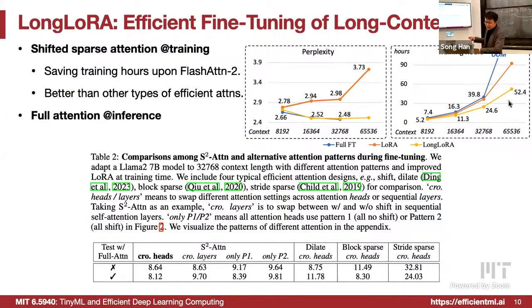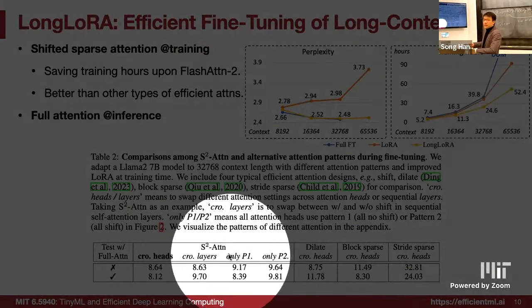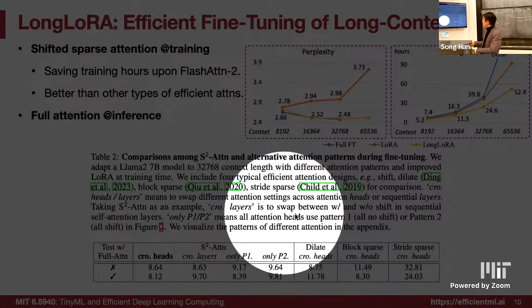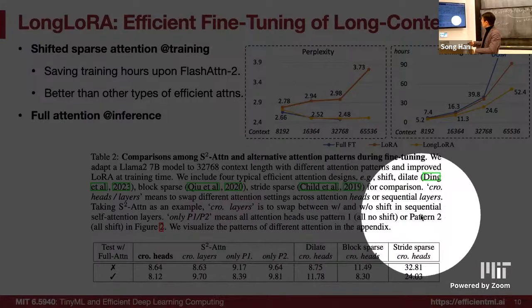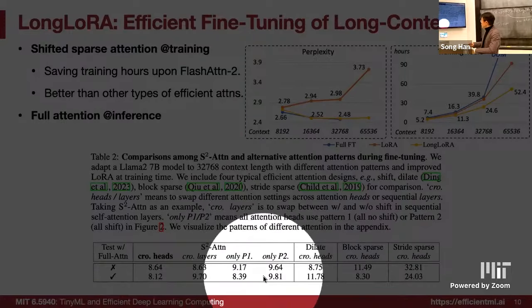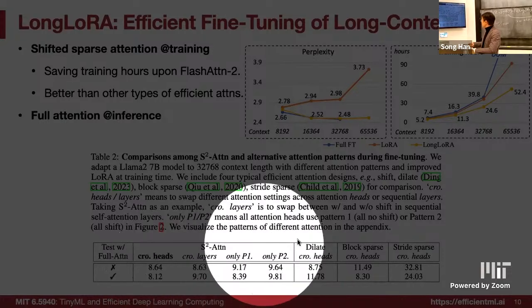Here we did some ablation study to see whether it's helpful to remain only half of the pattern 1. P2 here means attention heads using pattern 1, all no shift, and pattern 2, all shift. If we don't shift, versus everything shift, does not perform as good as dividing into 2 groups and shifting across the attention heads.